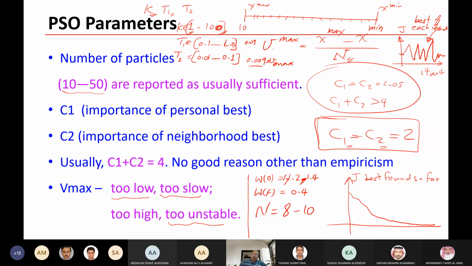That means you divide the range of these parameters over 8 intervals or 10 intervals. So this is the typical range of n. Yes, now it is clear. Thank you.